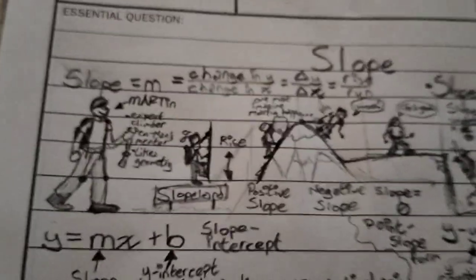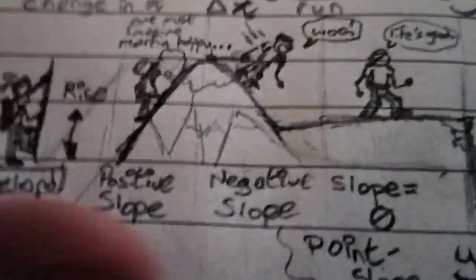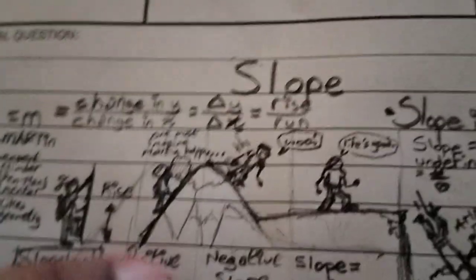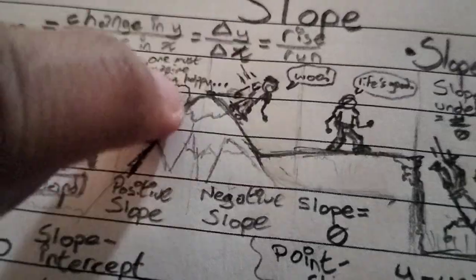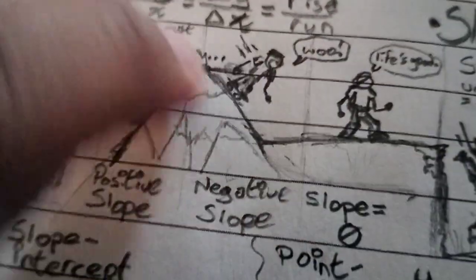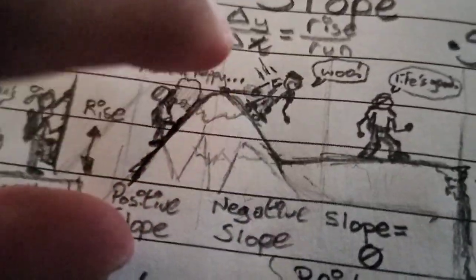And then next would be a negative slope. Actually, would it be easier to just show you this? So I don't have to write anything. Right here would be a negative slope. After he gets up, he can go down like on a skateboard or something.